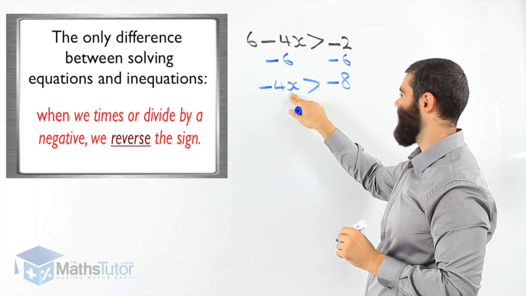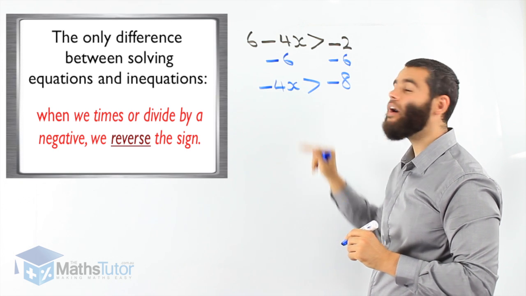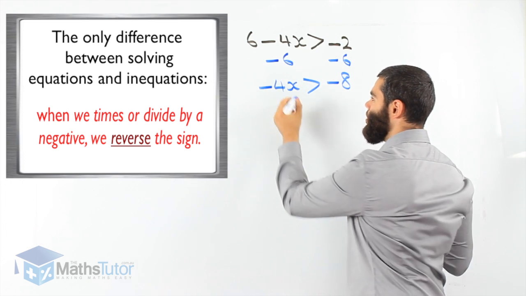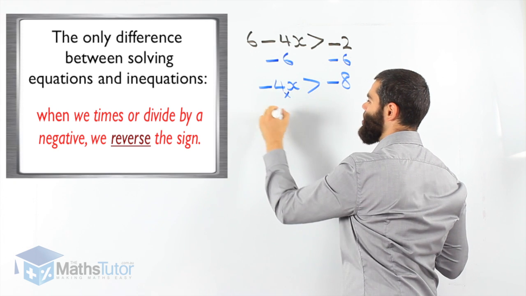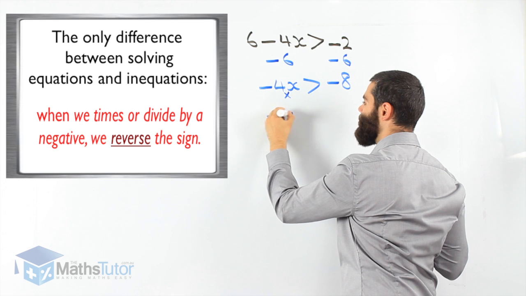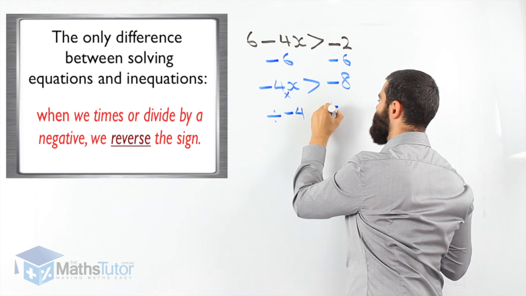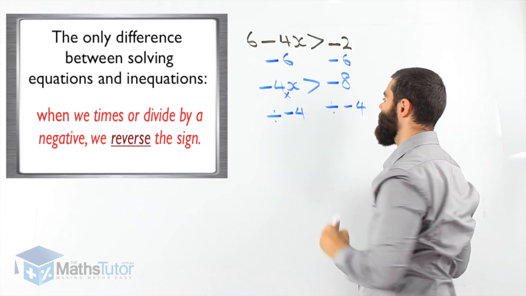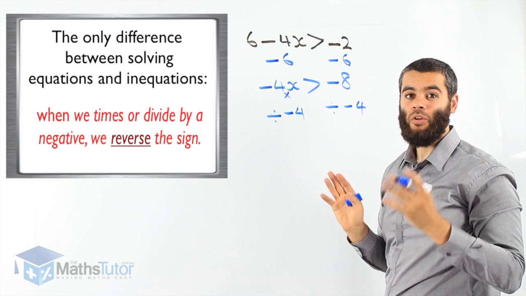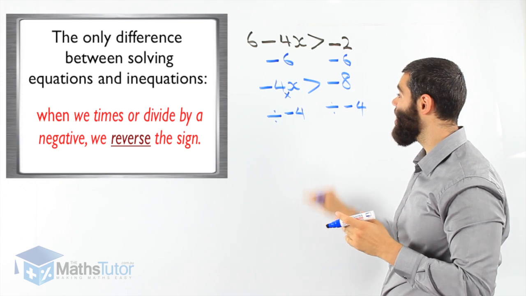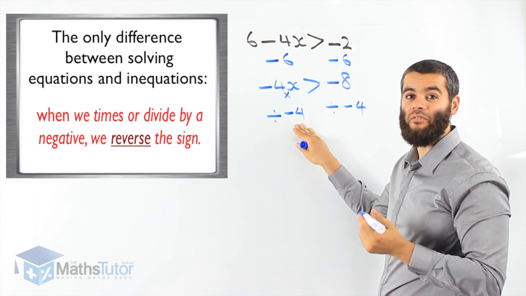Negative 4x means negative 4 times x. Now we've got to eliminate negative 4. There's a little times there, so it becomes a divide by negative 4 on both sides. Now, the rule says when you multiply or divide by a negative, guess what? We are dividing by a negative.